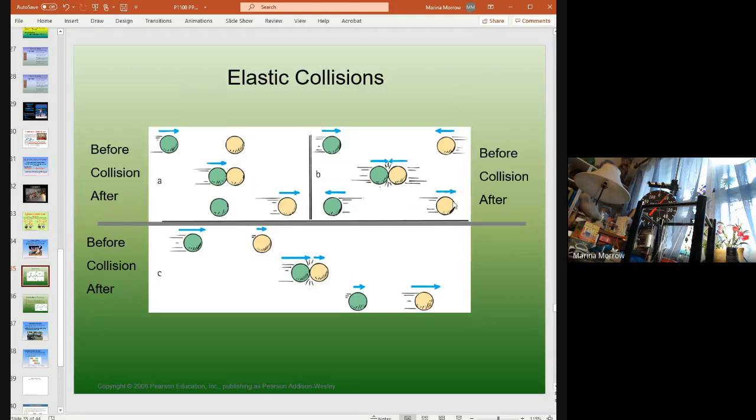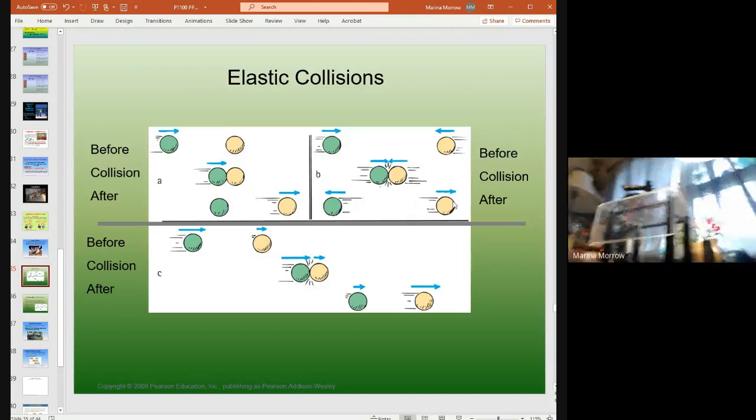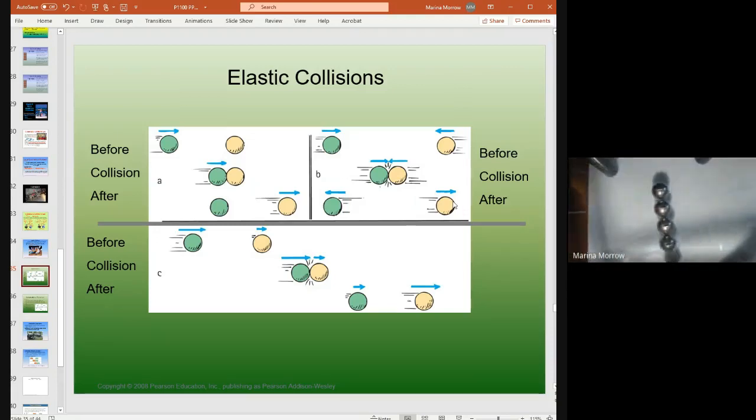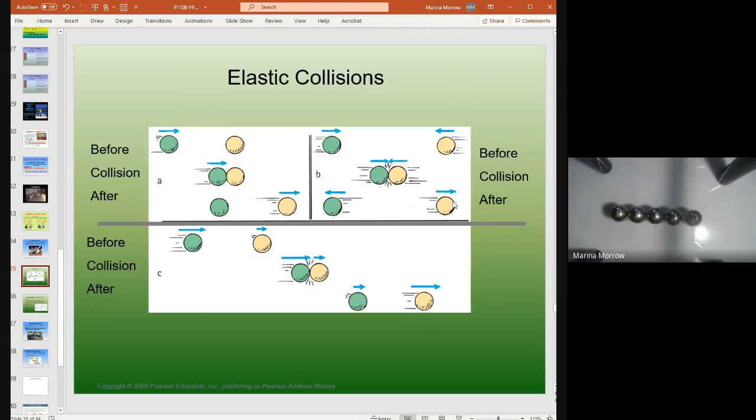Okay, so I'm going to give you a different view here. You're going to be looking down at the collider. Where's my plate?